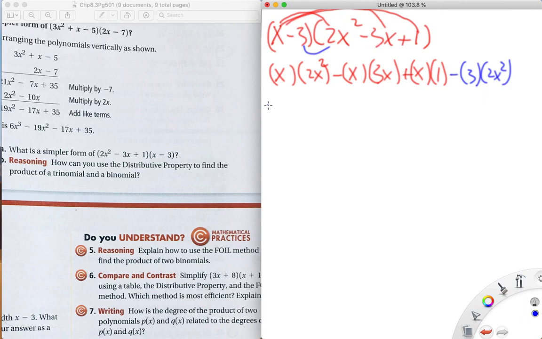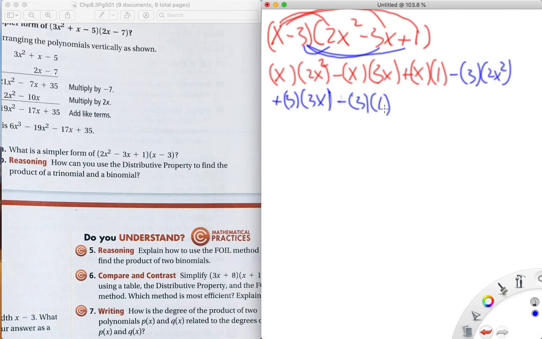Negative 3 times 3x, which is positive, so plus 3 times 3x, and then negative 3 times 1, which is minus 3 times 1.